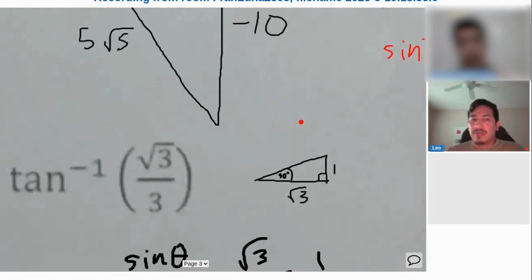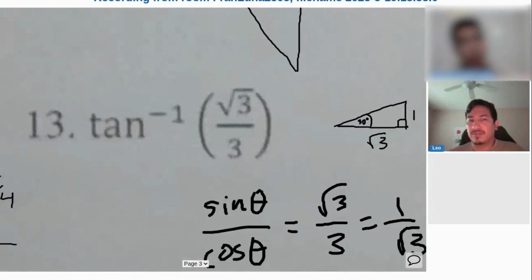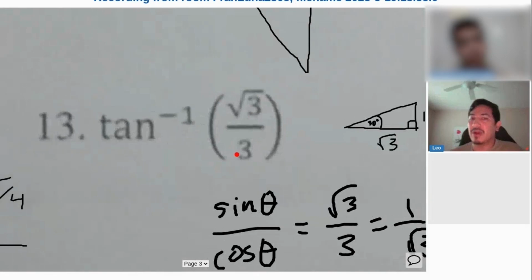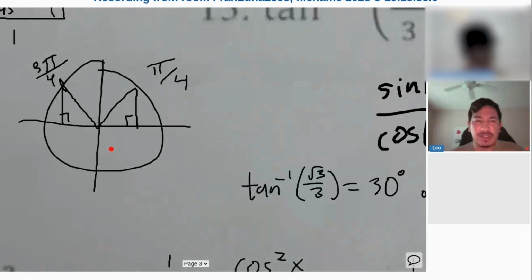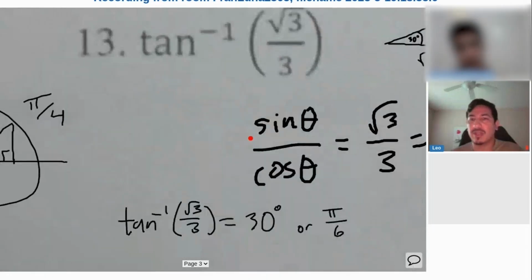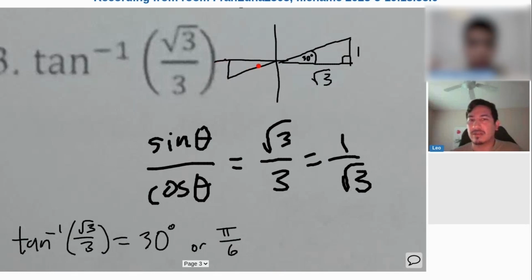Is there another location where this would be true? This is a tangent of a positive value. Where else is tangent positive? Like you look at this unit circle here. Where else is tangent positive? Quadrant 3. So we're going to get the exact same angle, but in quadrant 3. So if we look at it like this, it's over here. But what angle is that then?